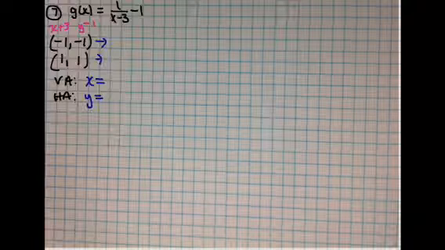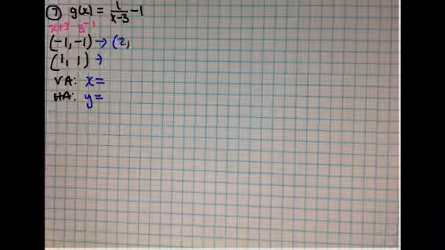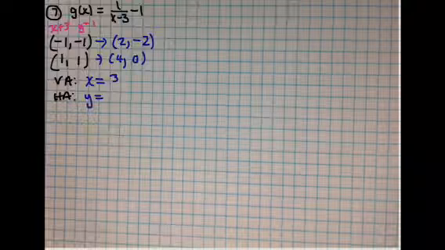Okay, so now we're going to transform the points. So negative 1 plus 3 is 2, and negative 1 minus 1 is negative 2. 1 plus 3 is 4, 1 minus 1 is 0. The vertical asymptote is your h value, so x equals 3. The horizontal asymptote is your k value, so that's negative 1.